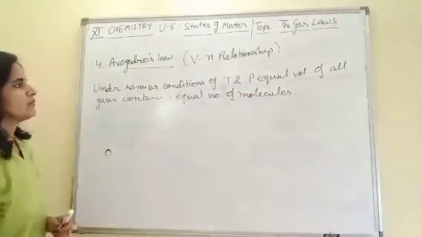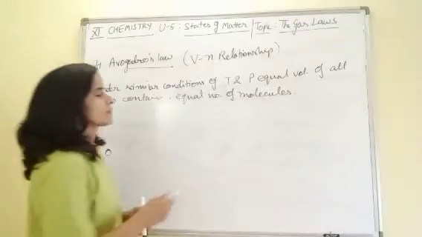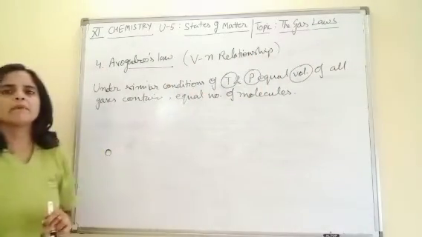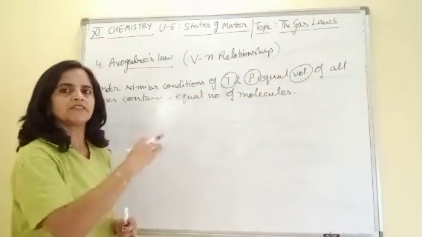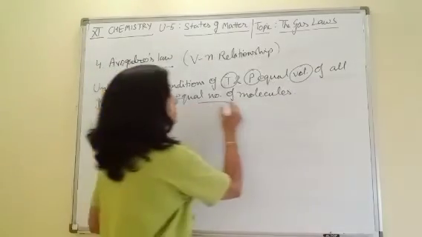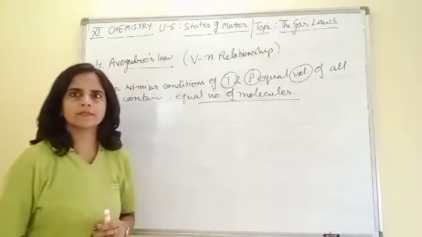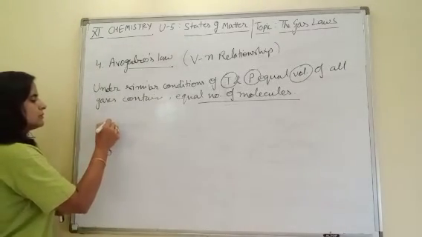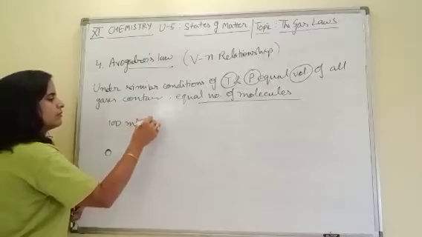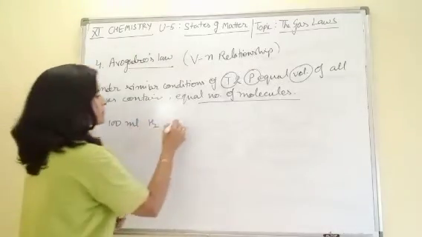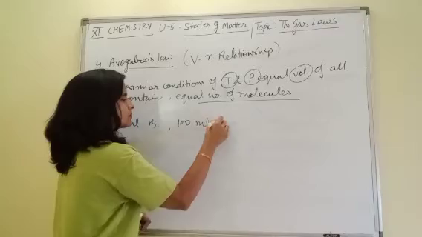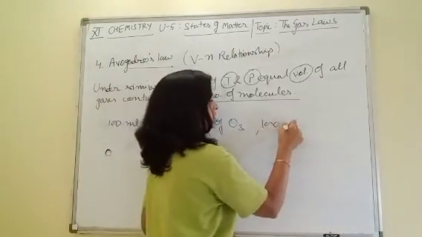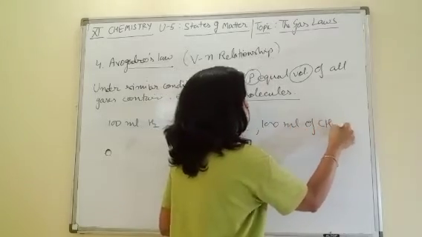Right, children? If temperature, pressure and volume, these parameters are the same, then different gases will have the same number of molecules. For example, if I say I have 100 ml of hydrogen gas, 100 ml of ozone gas and 100 ml of methane gas.